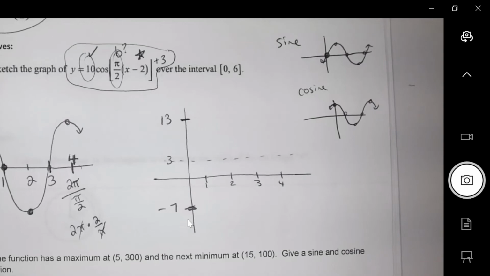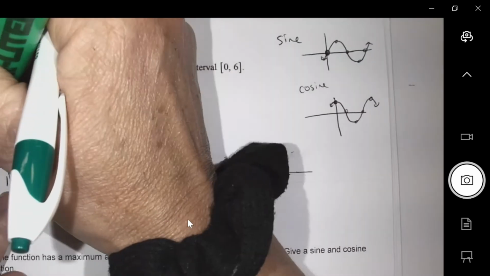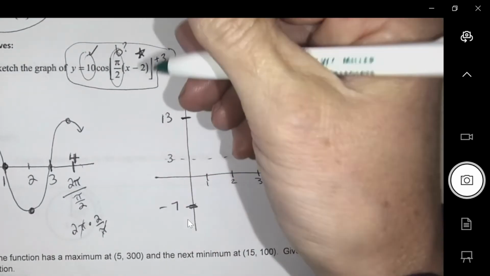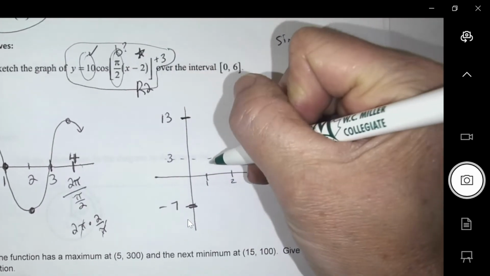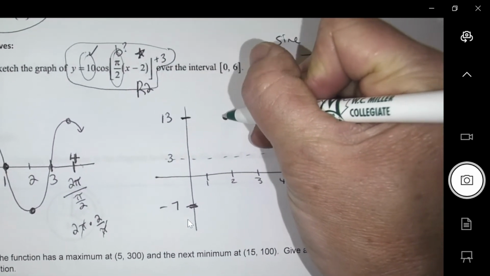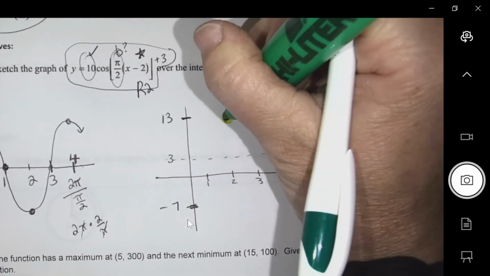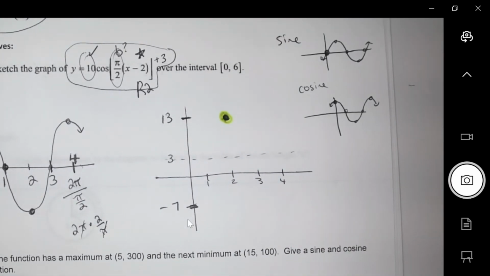Okay, ready? I'm going to take this point. Where am I drawing that point? It's on the top, and I need to move right 2. So that is that point.